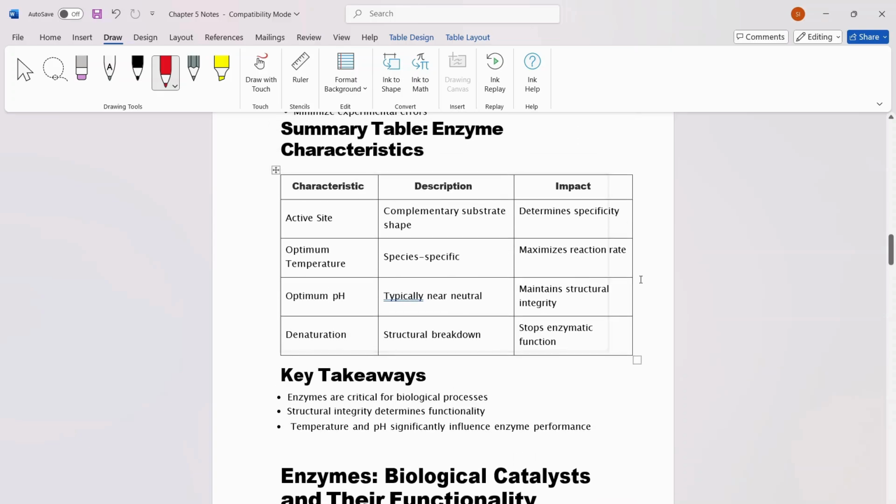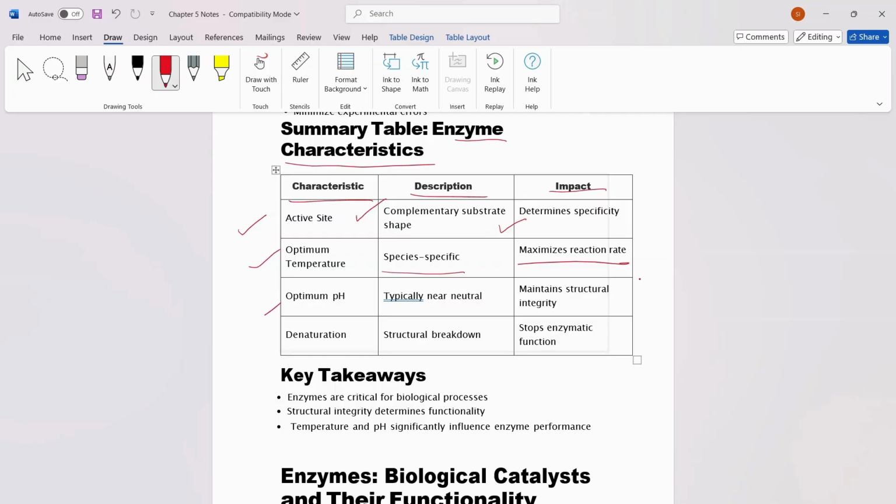So now we will study enzyme characteristics, description and impact. First characteristic is active site: the description is complementary substrate shape, and the impact is that it determines specificity. Next characteristic is optimum temperature. It differs by species and is specific to the species, and it maximizes reaction rate.